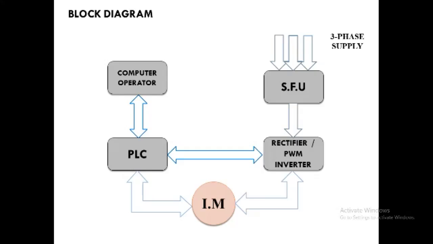In this way, basically by using a PLC system we can control the speed of the induction motor, and at the same time the wiring contact between PLC and induction motor can be reduced very shortly. It increases the efficiency of the induction motor up to 95% of the synchronous speed, and hence the speed of the induction motor can also be increased.